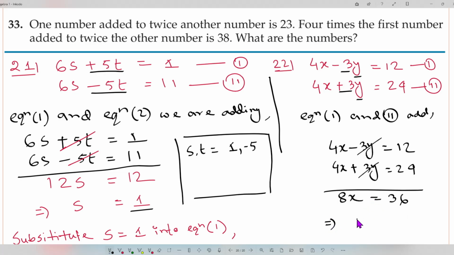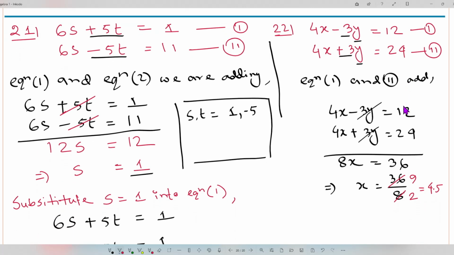Then x becomes 36 by 8. If we simplify, we can divide by 4. So here is 9 and here is 2. It means 9 by 2 is 4.5, right?